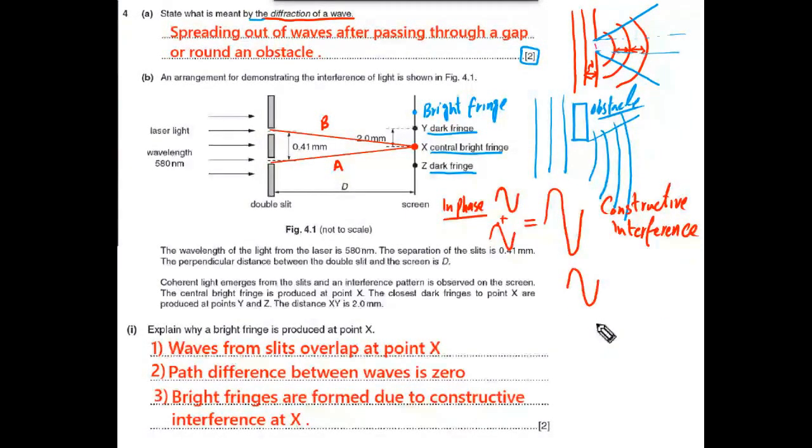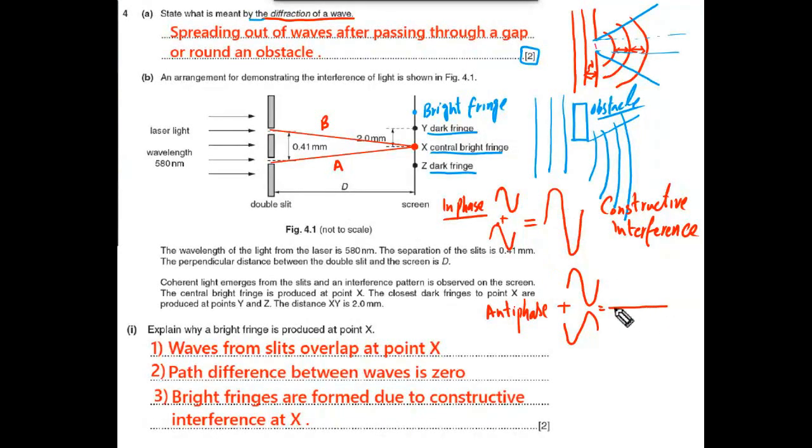Now you see this has positive amplitude, this has negative, so they will cancel each other. If we add these two waves, we call them antiphase, or sometimes out of phase. So if we add them together, we will get nothing.